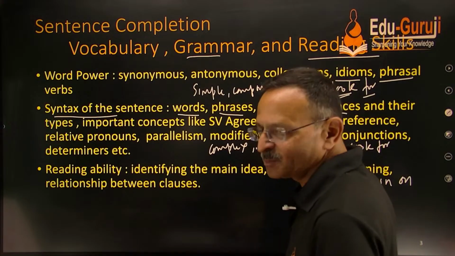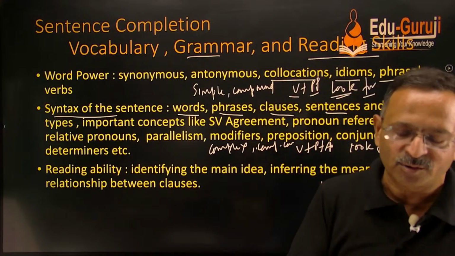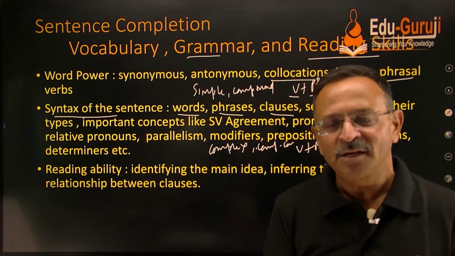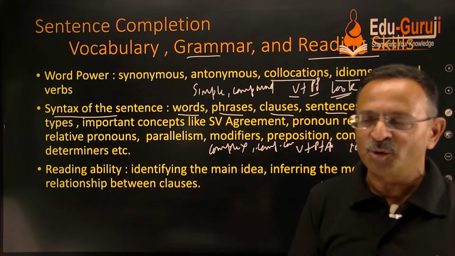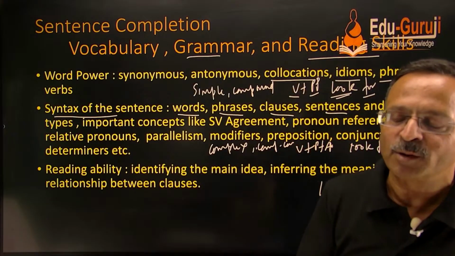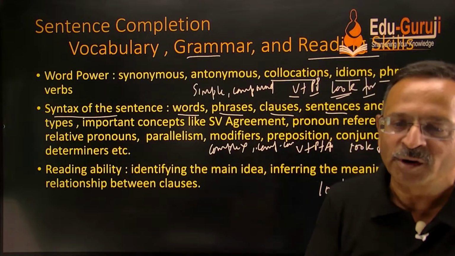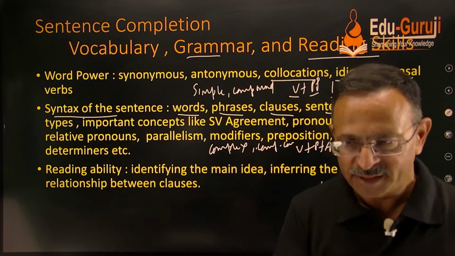These are the various types of sentences that you're likely to come across. Compound complex will not be much visible, but simple, compound, and complex sentences you are likely to encounter more.